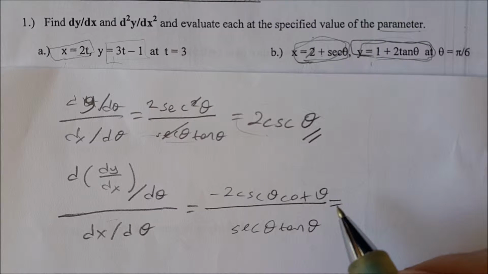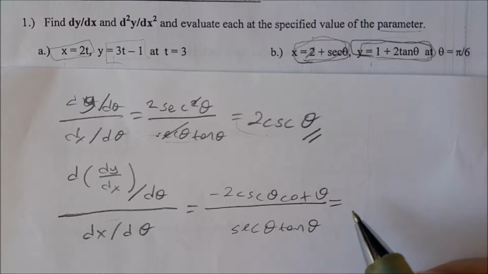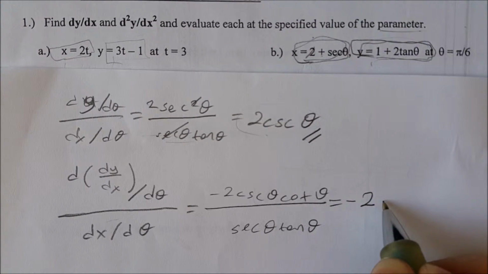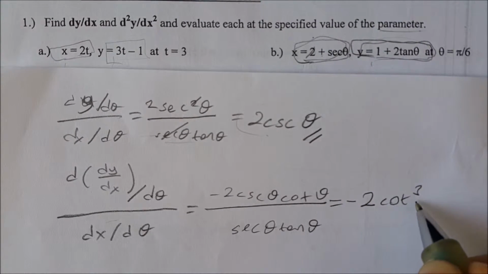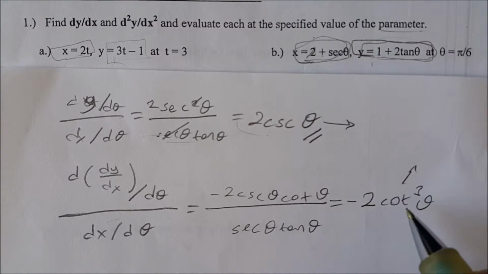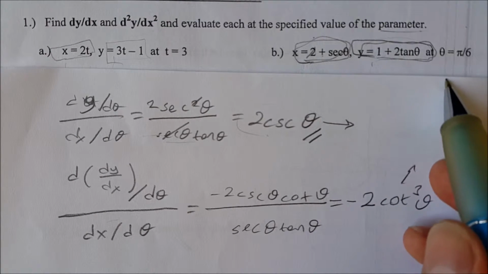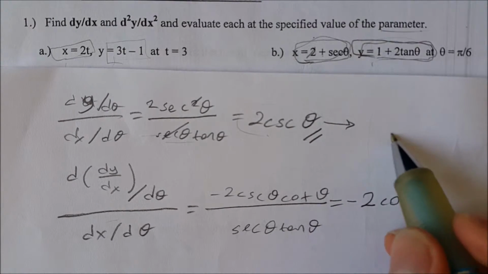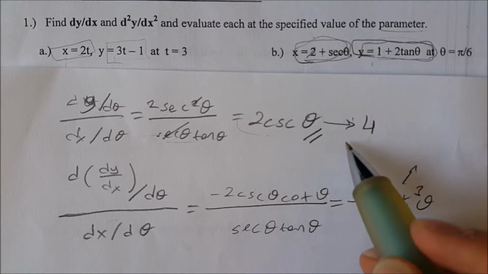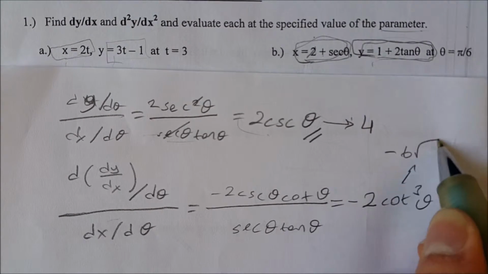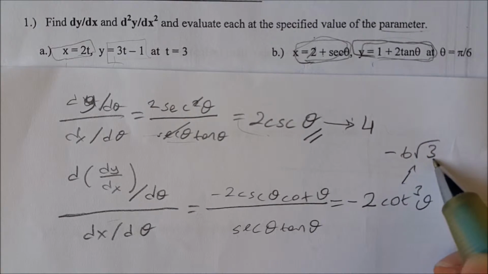Now if you do the trigonometry, this would be equal to negative 2 cotangent cubed theta. And then all you need to do is plug in the number that you're given, which is pi over 6. And if you do that, you will get 4 for your first derivative, and you will get negative 6 root 3 for your second derivative.